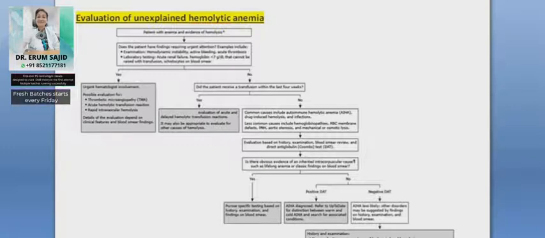And how will you find that out if this patient is having an acute hemolytic episode? By examining the patient for any hemodynamic instability, for active bleeding, for acute thrombosis. So if the patient is actively bleeding, there is hemodynamic instability, or there is some evidence of thrombosis, it's urgent.